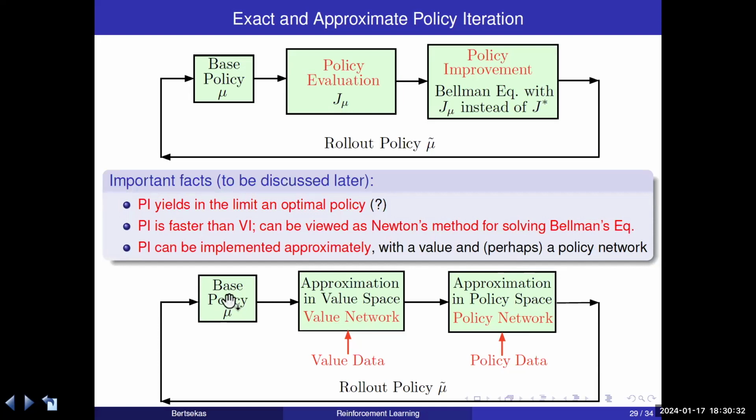You have a policy, you generate data with this policy, and you approximate its value function. You obtain what's called a value network. Then you generate samples of improved policy, and you fit a policy network to that data. And then you obtain this new policy, and you keep going.